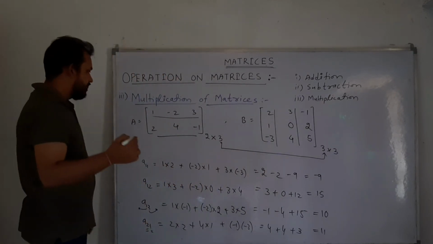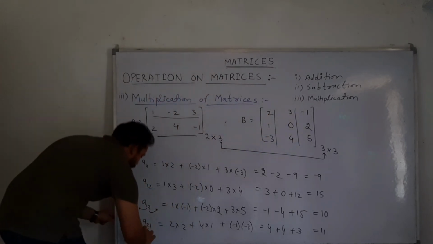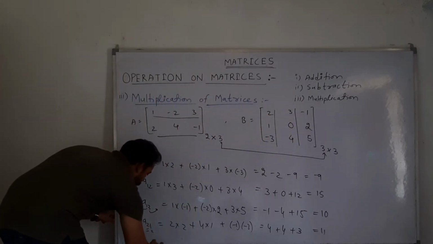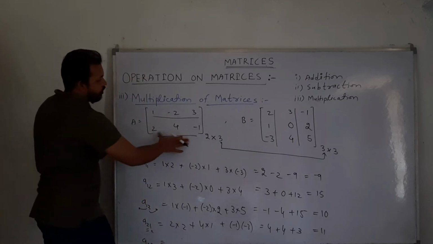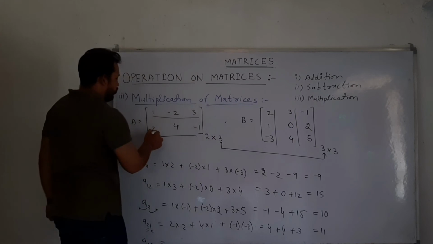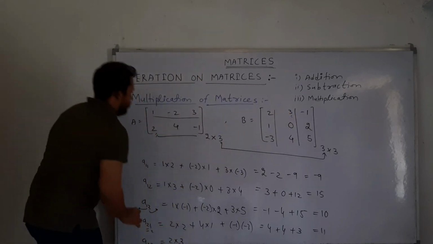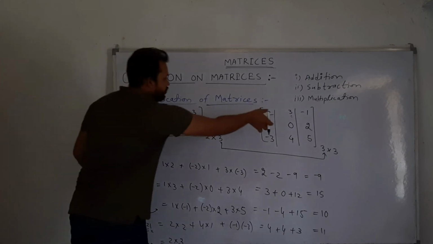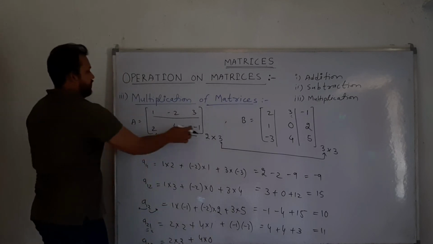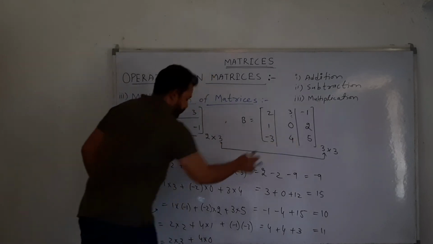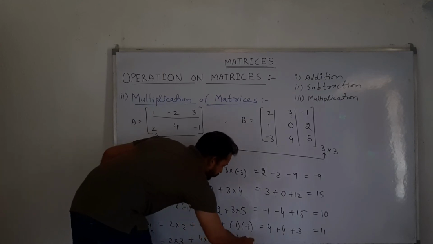Then we will get our next element, that is second row, second column. So we will get the element A22. That means this row and this column. So 2 into 3, plus 4 into 0, plus minus 1 into 4.